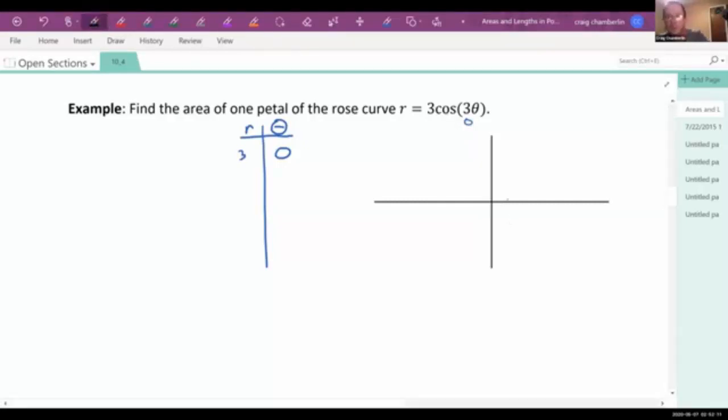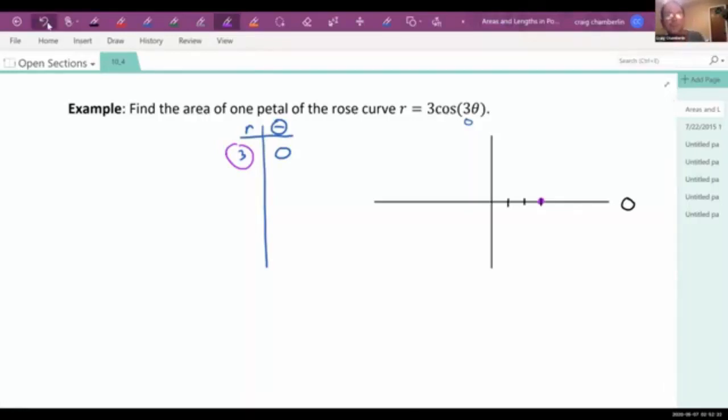And so you have to look in the direction of 0 and go out 3. That's how you think about it when you're graphing in polar coordinates. Look in the direction of the angle and then go out the radius, which is 3. Or the r value if you don't want to call it a radius.